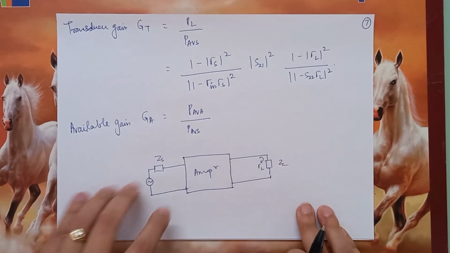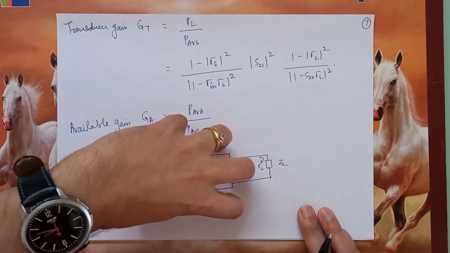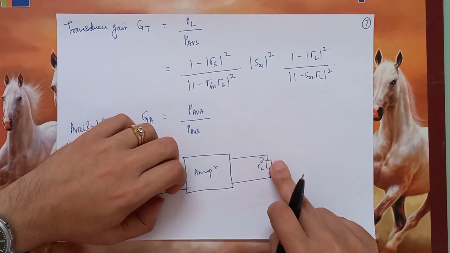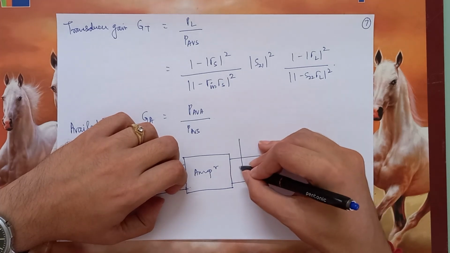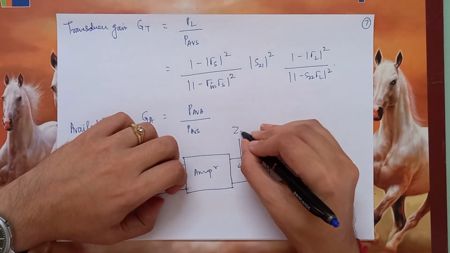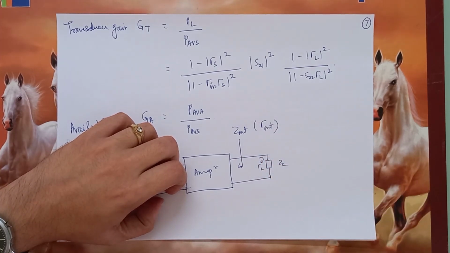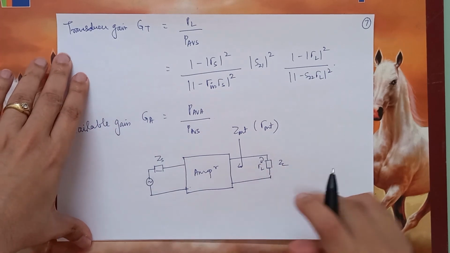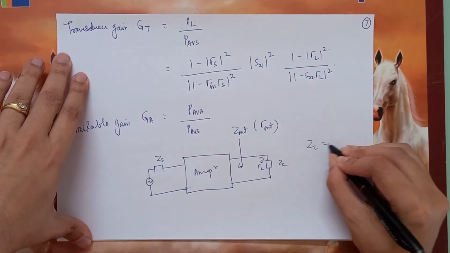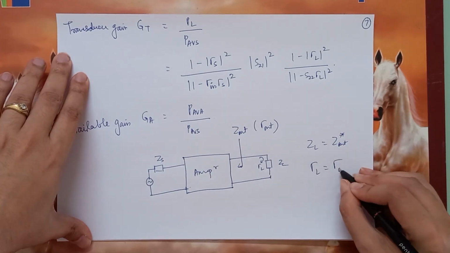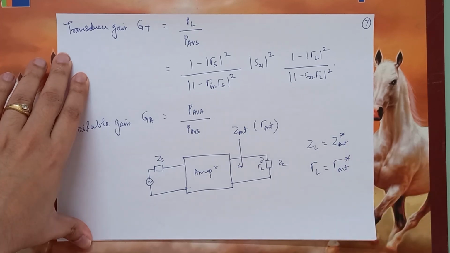Now if you assume that this entire part, the source and the amplifier, is one big source, the amplifier will be able to give you maximum power, again using the maximum power transfer theorem. So if you are looking into the amplifier output, you are seeing an impedance called Z out or reflection coefficient gamma out. The maximum power will happen when ZL is equal to the complex conjugate of the output impedance of the amplifier, or in other words, gamma L should be equal to the complex conjugate of gamma out.